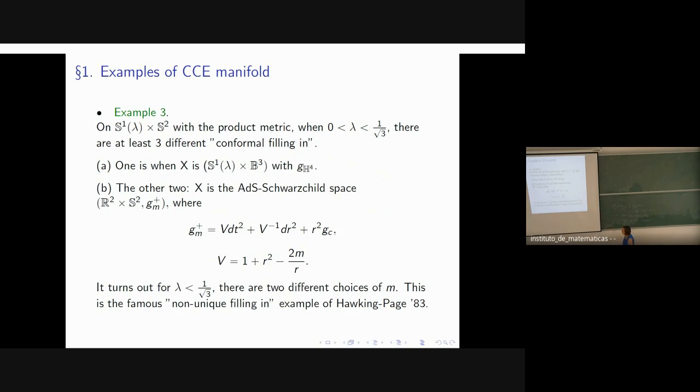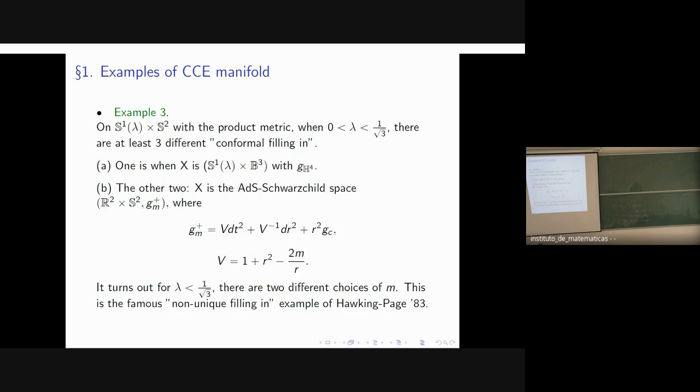We don't need to know much about it, but one thing I point out is that for lambda less than this special number, 1 over square root of 3, given the same boundary, there are 2 AdS Schwarzschild fillings with different mass. Okay, M is the mass. So there is a non-unique filling-in example, and that's a prototype example. This example is well studied in math and physics.